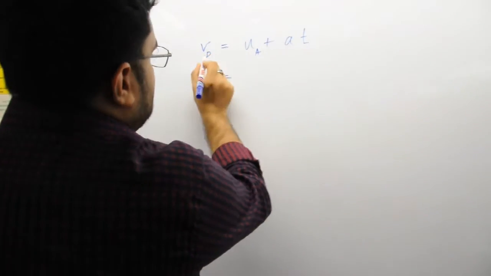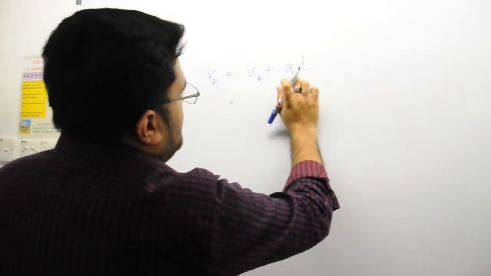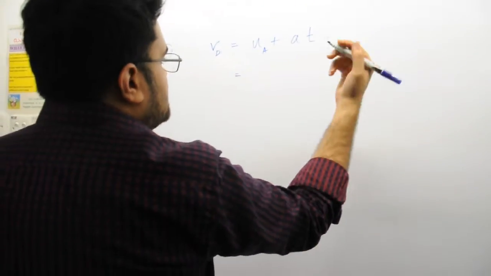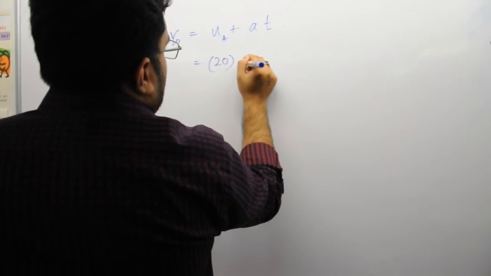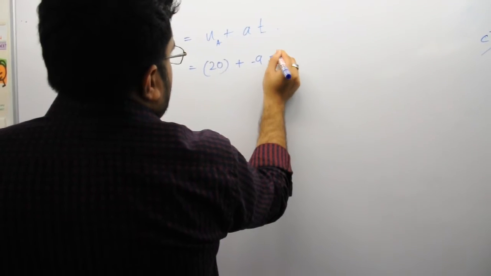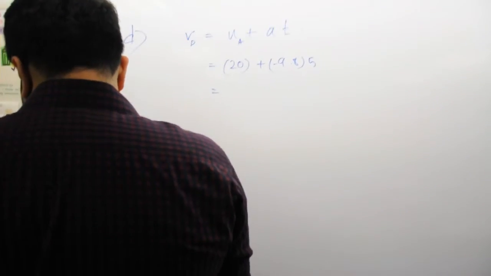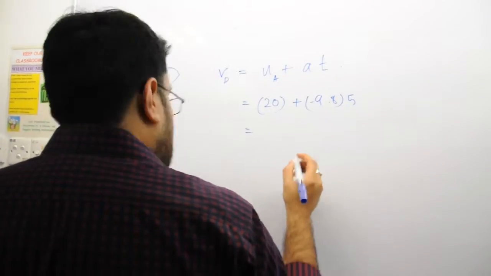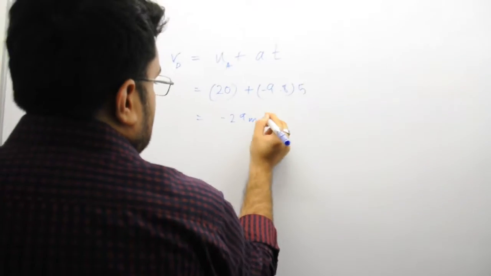Here V is the velocity at point D, U is the initial velocity at A, A is acceleration, and T is time, that means 5 seconds. 20 plus negative 9.8 times 5. So after calculation, the value that we got is negative 29 meters per second.